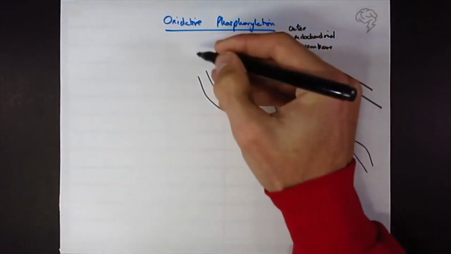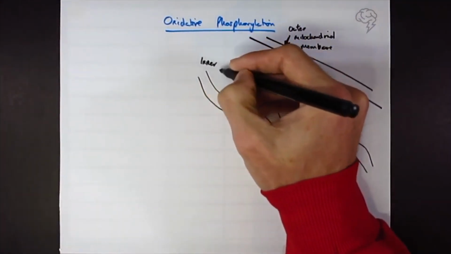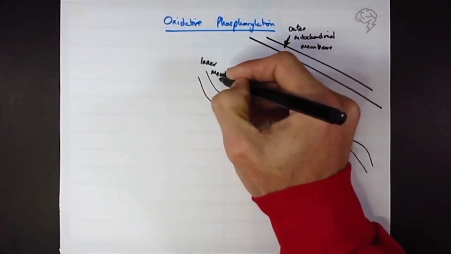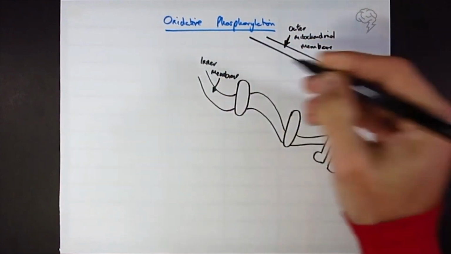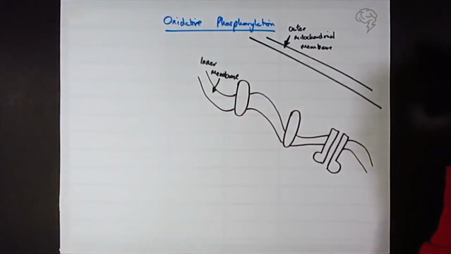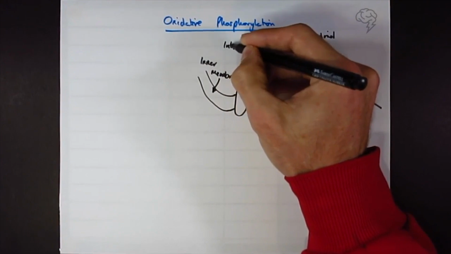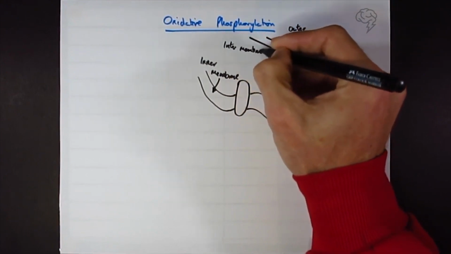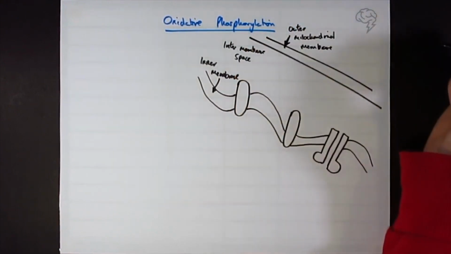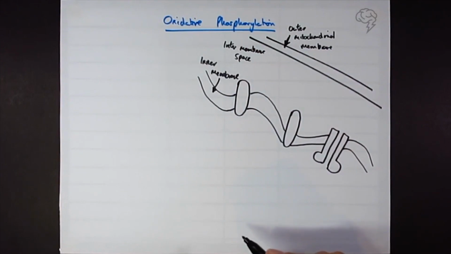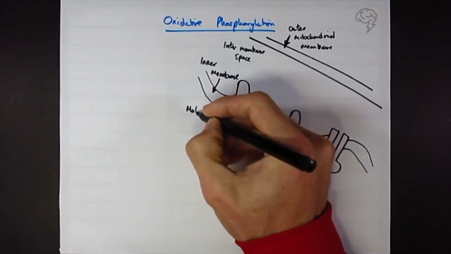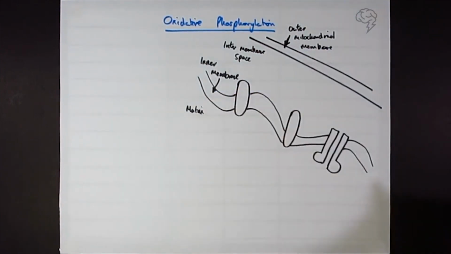This one is the inner membrane. The gap between them has a name, and that's very creatively called the intermembrane space. And then the other side of the inner membrane must be, you should know this by now, the matrix of the mitochondria. Okay, so where are we going to begin?